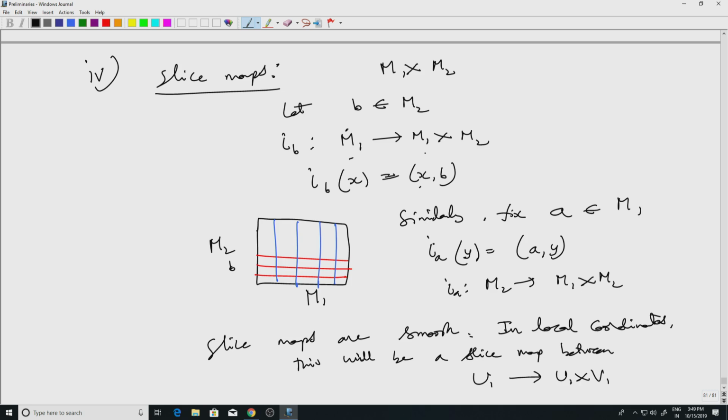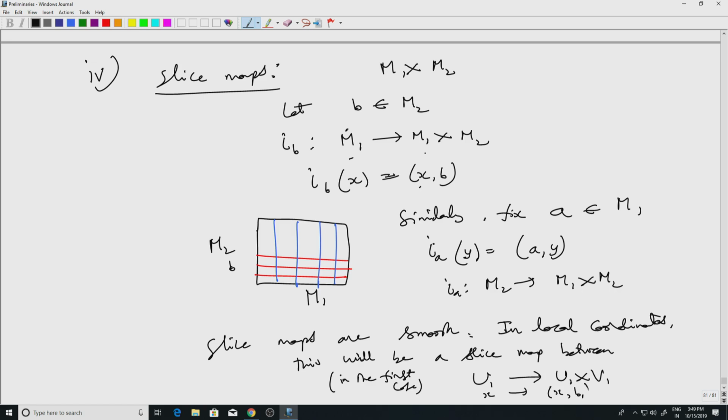So this will be in Euclidean spaces now. It will be of the form X comma B1 in local coordinates. In the first case, meaning maps of the type IB where the second coordinate is fixed, it will be of this form.